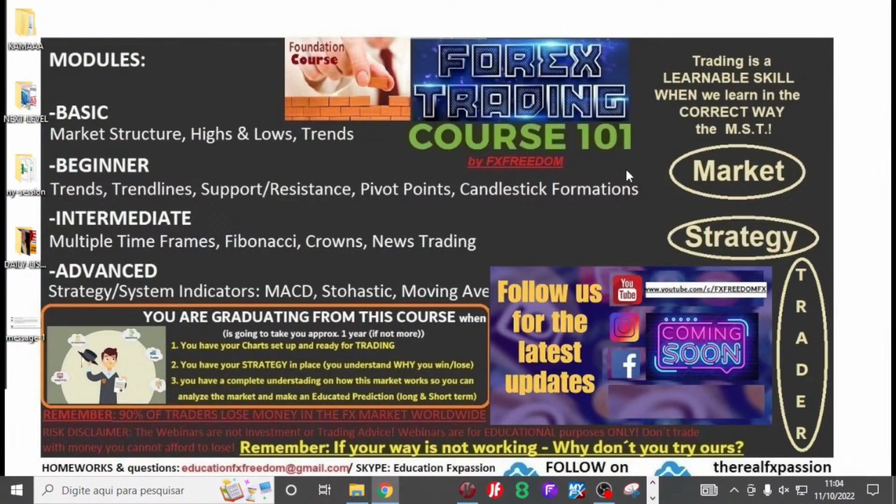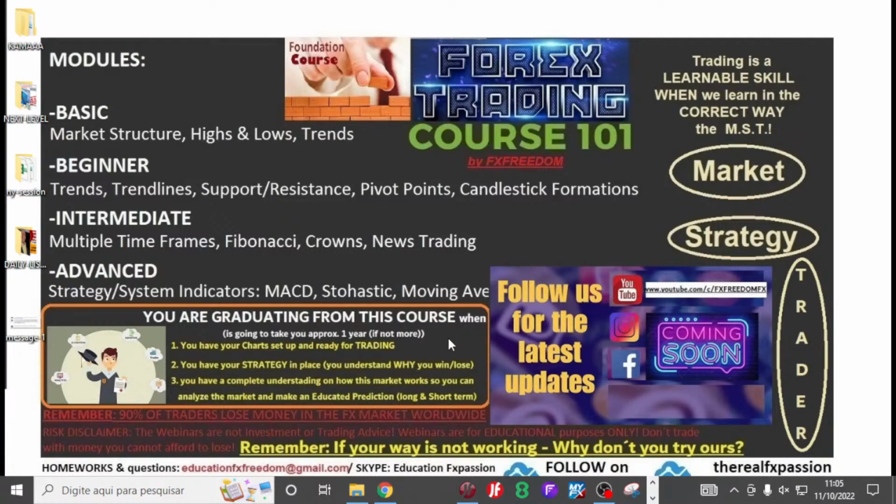So we've been trying to understand how this market works for about 9 months, you know, with all the travels and the vacations, right? And starting from today, we are going to work more on number 2. You are going to graduate from this course when, 1, you have your chart set up and ready for trading.